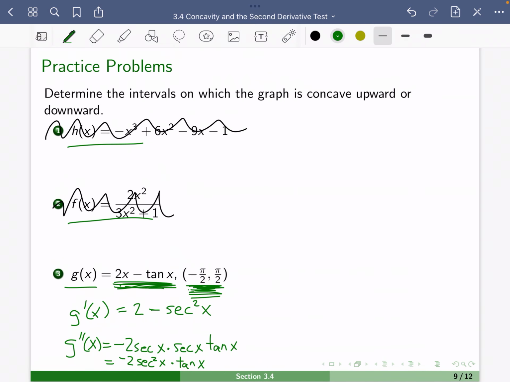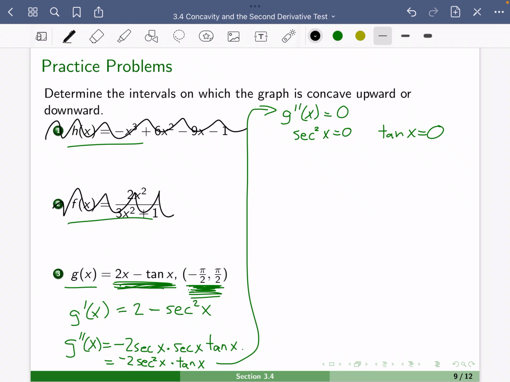What are we going to do with that second derivative? Well, with that second derivative, we want to find out where it does not exist on our interval and where it is equal to 0. Our second derivative being equal to 0 would tell us that either secant squared is 0 or tangent is 0.